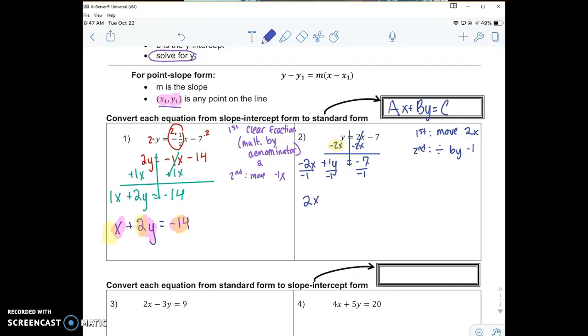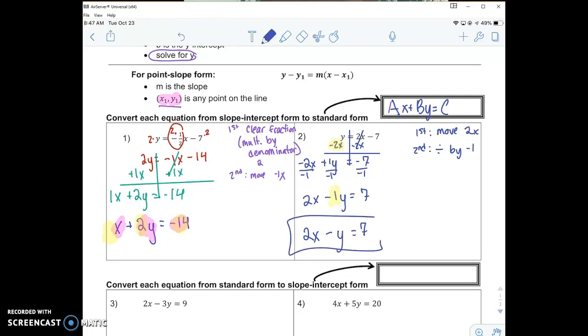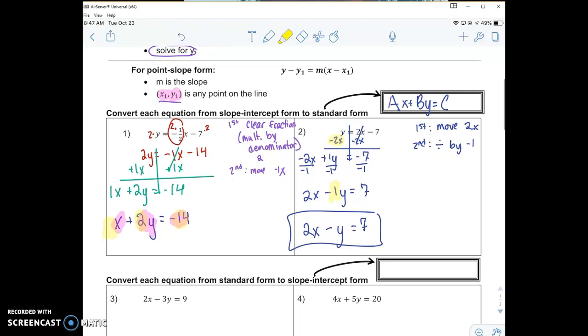There's really a 1 in front of this y, so positive 1 divided by -1 is -1y. And -7 divided by -1 is positive 7. Remember, I don't really need a coefficient of 1, so I can write this better by writing 2x minus y is equal to 7. All my coefficients are whole numbers, and my leading coefficient in front of the x is positive. So this is in standard form.